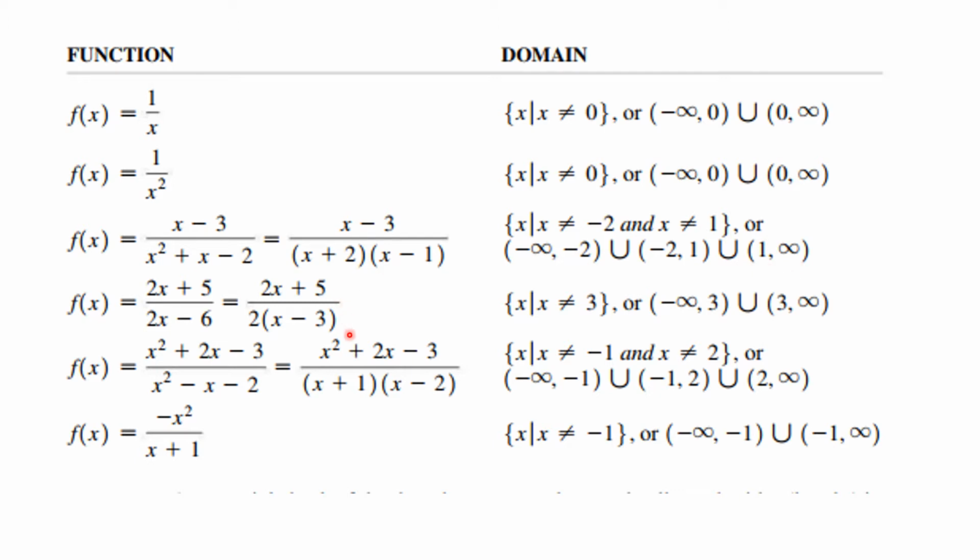This one, when you factor it, you say, oh, x can't be 3, and so this is the way you would write this in interval notation. This one, when you factor the denominator, you get this, x can't be minus 1 and x can't be 2. This is how you write that in interval notation. And down here, you realize that x can't be minus 1. This is how you write it in interval notation.